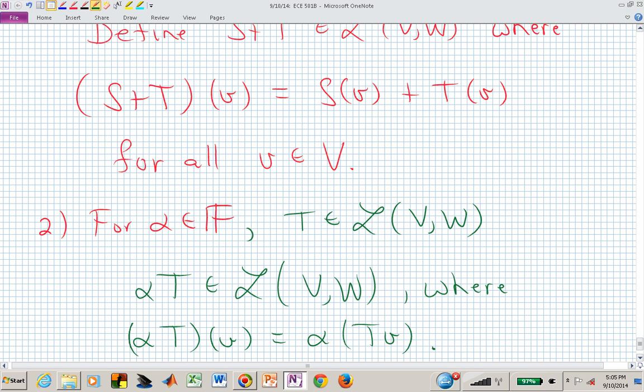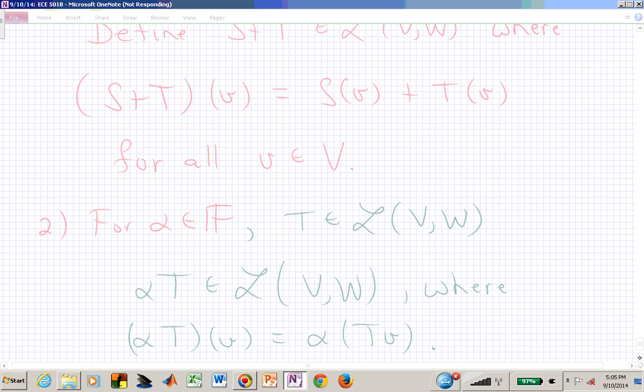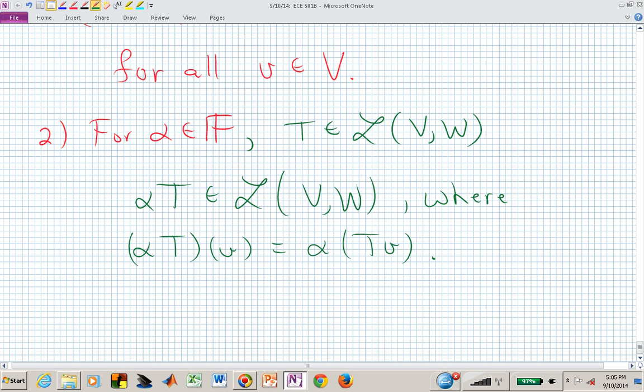Which now allows us to say that we could actually have a vector space composed of these linear operators. So these linear operators actually are vector spaces. And then we would have to worry about maybe going into chapter 3 with a mapping between these vector spaces, whatever that means.